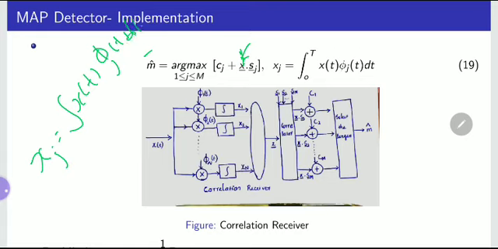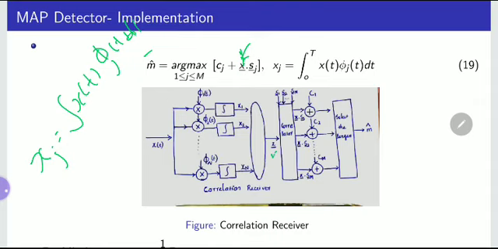So first we will find all the coefficients xj to get the vector x. There is an integral and a multiplier, so this gives you the inner product. Here you will get x1, the integral of x of t phi 1 of t, x2, and xn, and combining all this you get the received message vector x here.